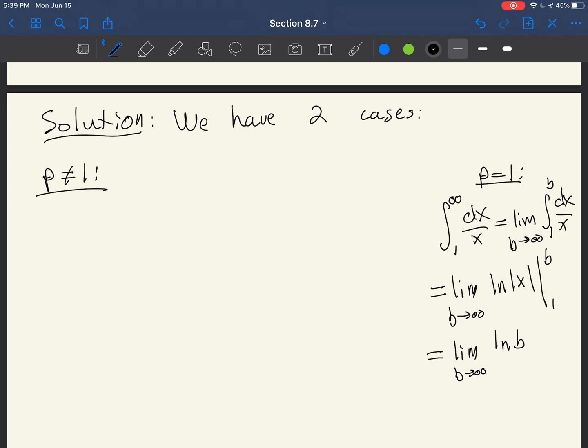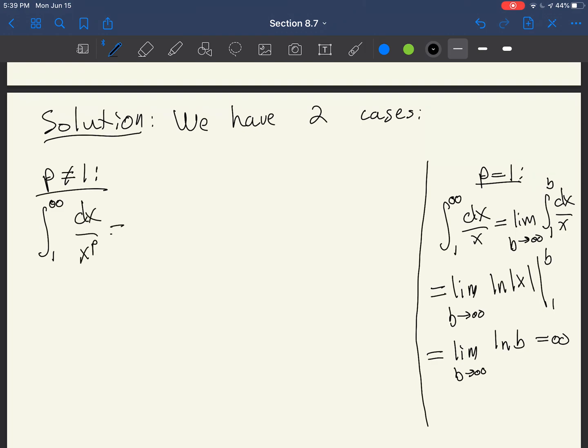This is the limit as b goes to infinity of the natural log of b minus the natural log of 1. Natural log of 1 is 0, so this is just natural log of b. And this is infinity. Natural log of b does grow. Okay, so that's p equals 1.